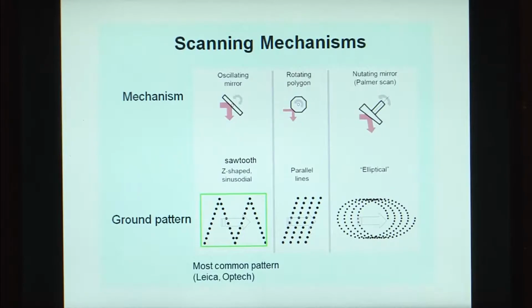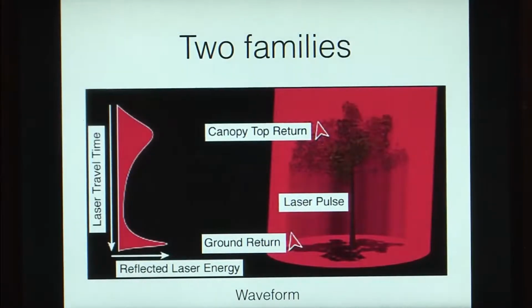Now, lidar is divided into two families. One is called waveform lidar. In the case of a waveform lidar, you measure the amount of energy that is reflected with the laser travel time. So, for instance, in this figure on the right we have a tree.